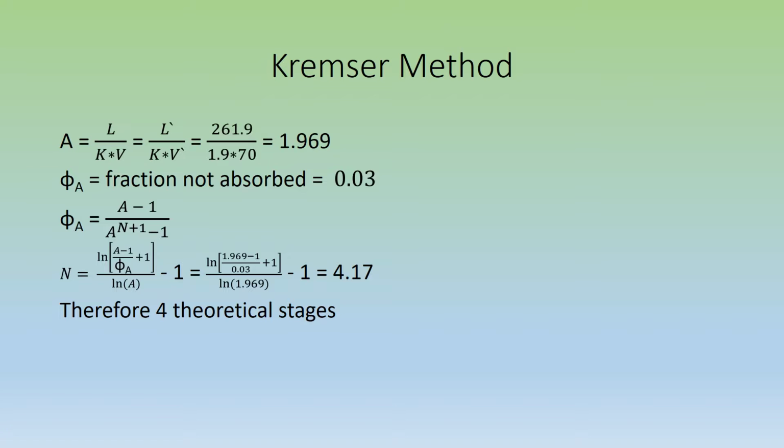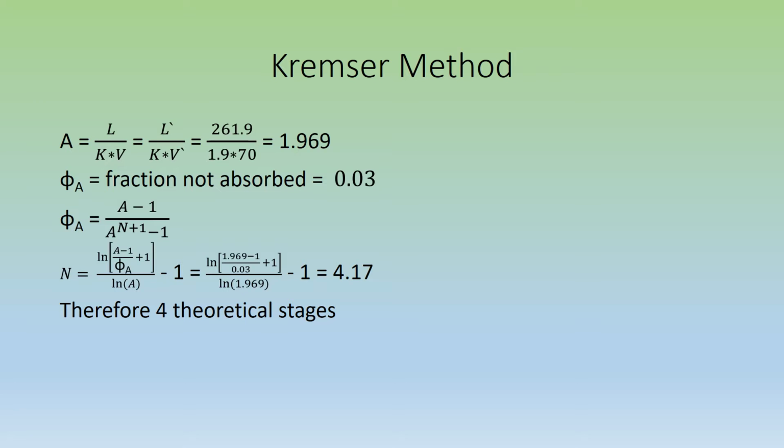Since we have 97% absorbed, phi A is equal to the fraction not absorbed, which is that 3% left over. Phi A is equal to A minus 1 over A to the n plus 1 minus 1. Do a little bit of algebra, you get n is equal to 4.17. We will round this down again so that it equals 4, which is what we got from the graph.